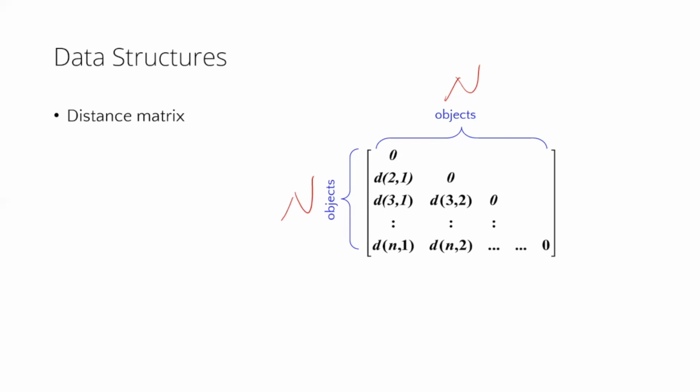Because of that, obviously, the diagonal component is all 0, because it means the distance from the ith object to the ith object itself, right? And then it's symmetric, because the distance from i to j is the same as the distance from j to i. So that's how we define the distance matrix.